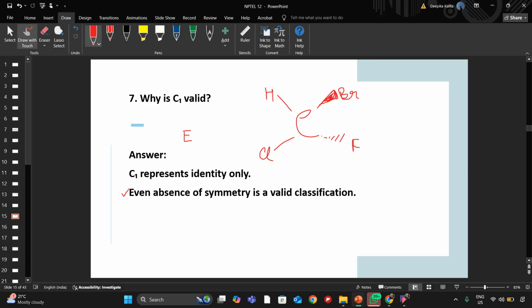And C1 is equivalent to the identity operation, which is like rotating the molecule by 360 degrees, which will basically give us the identical molecule.